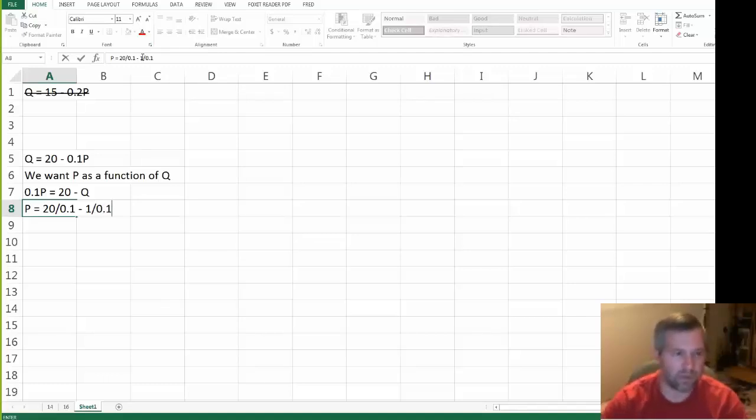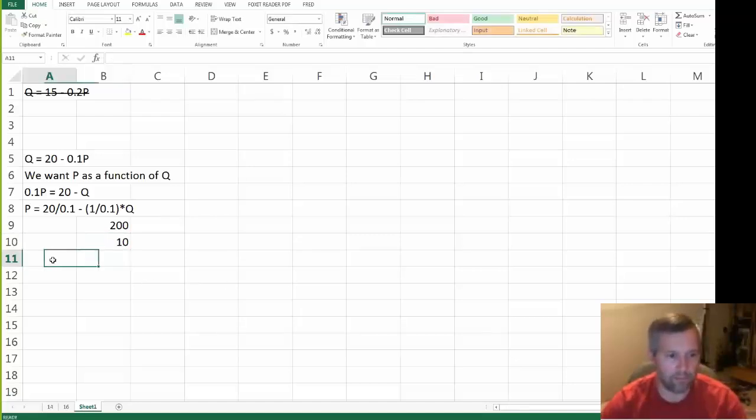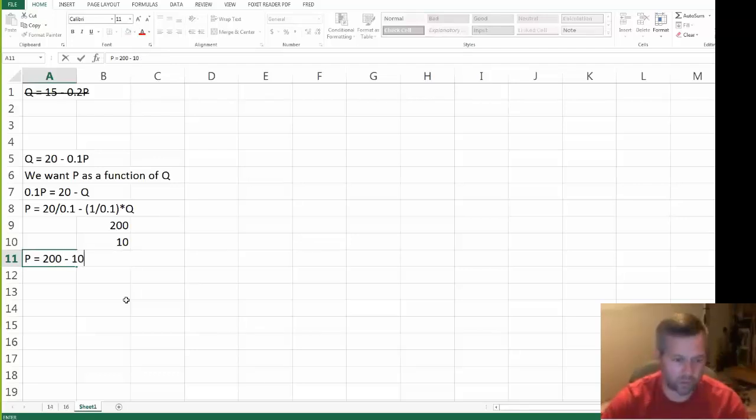Let me put this in parentheses. So we'll just verify everything. 20 divided by 0.1 is 200. 1 divided by 0.1 is 10. So P has to be 200 minus 10Q.